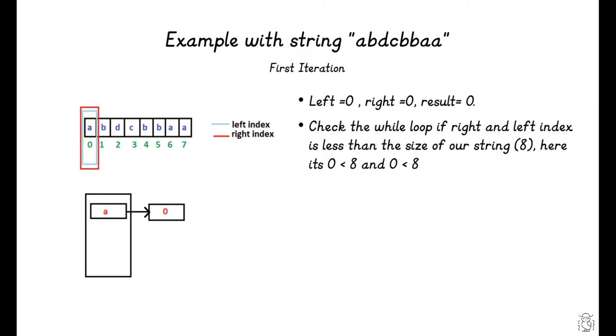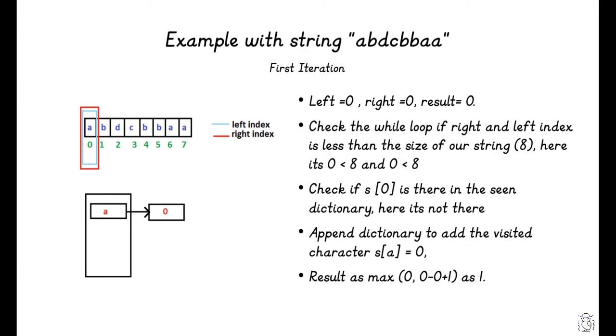We can get a clear understanding after discussing the solution with an example using the following string. In the first iteration, we will first initialize left, right and result as 0. We then create an empty dictionary, seen. Then in the while loop, we will check if the right and left indices are less than the size of our string. Here it's 0 less than 8 and 0 less than 8.